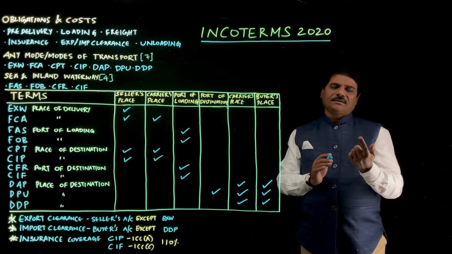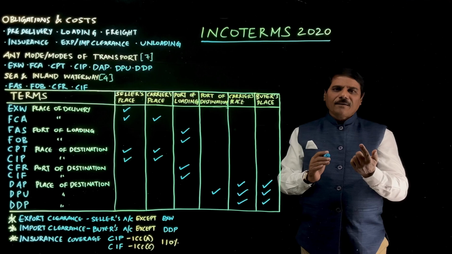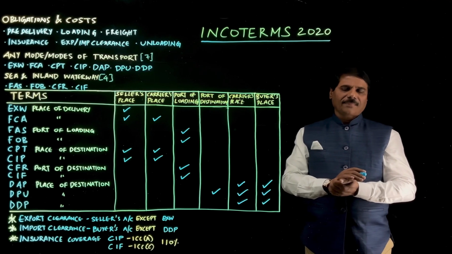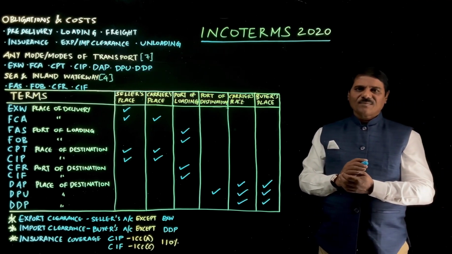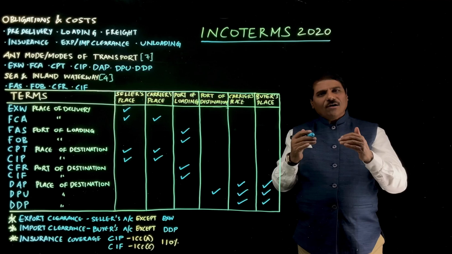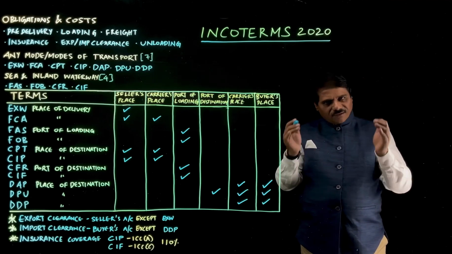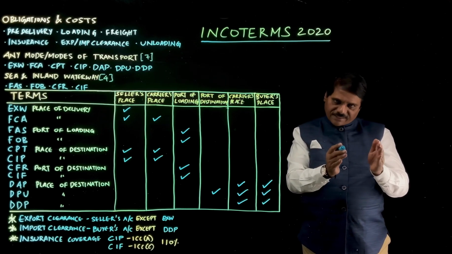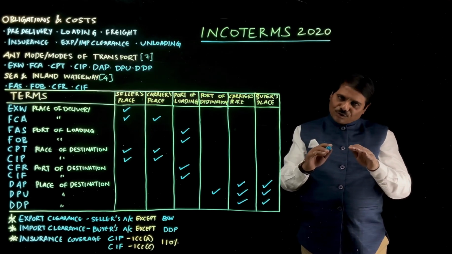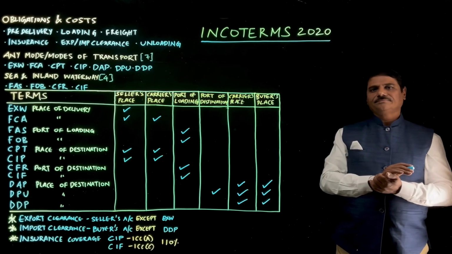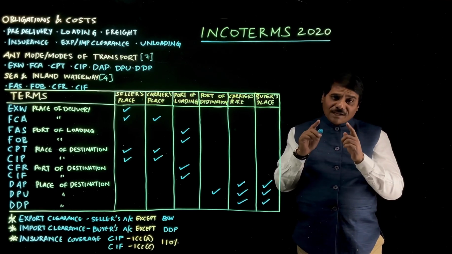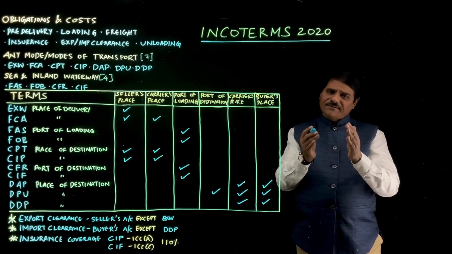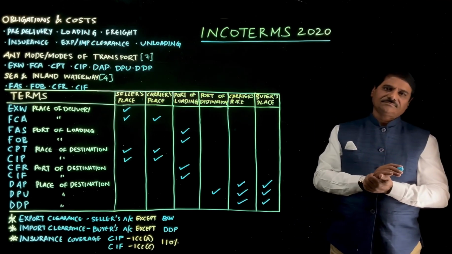So in one container there is a possibility of loading 2 shippers' cargo. So if you are loading on LCL basis, less than container load, then you can carry the goods to the container freight station where the goods will be stuffed in a container. So what is the delivery point for you? It is either container yard or CFS, container freight station.